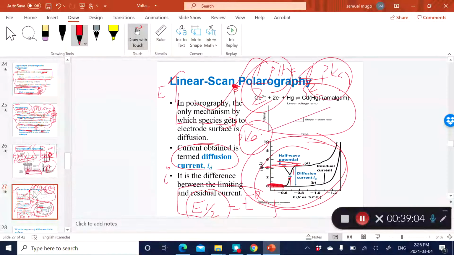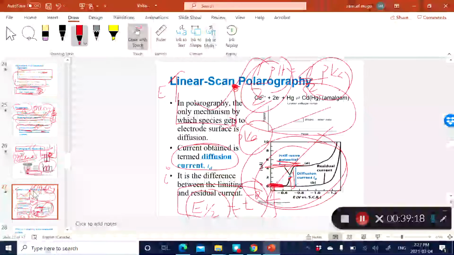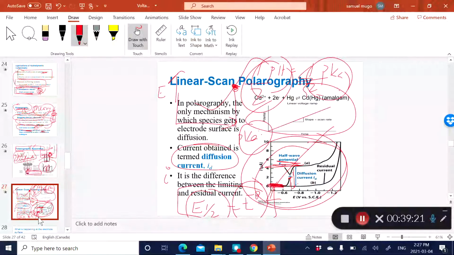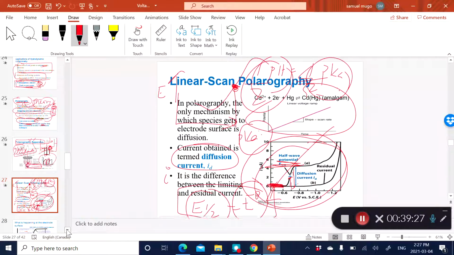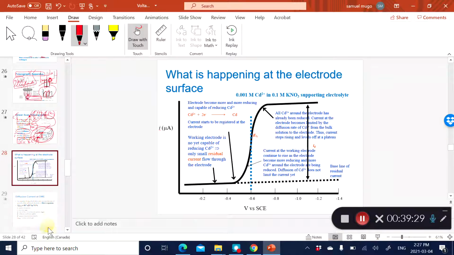When you've got the half wave potential right there, it is equivalent to what you call the standard reduction potential. And that's how they actually generate the standard reduction potentials on the tables that you actually see in chemistry textbooks, and that I started with in the second slide. That's how they actually determine it.